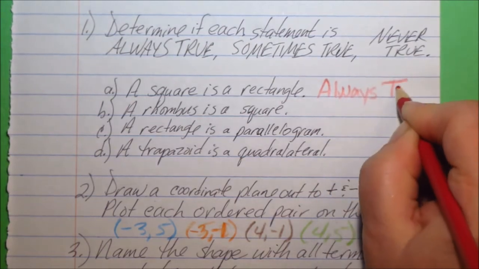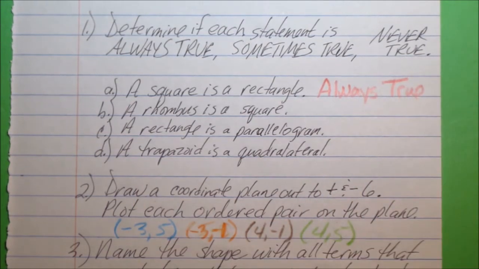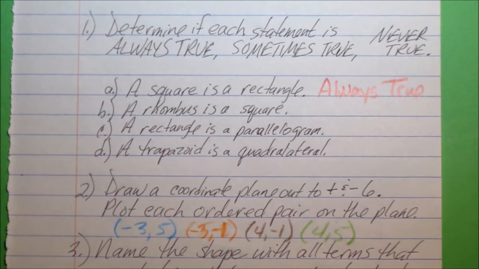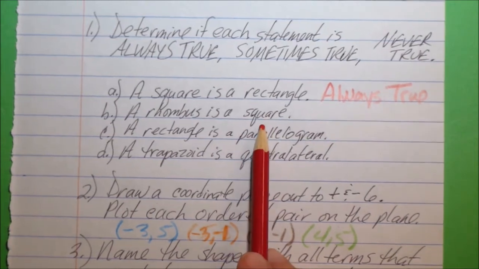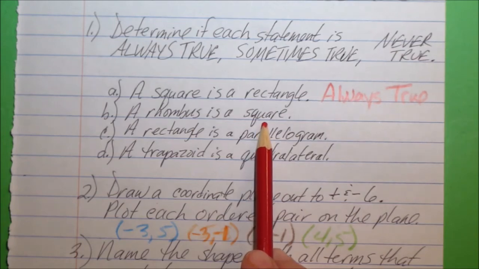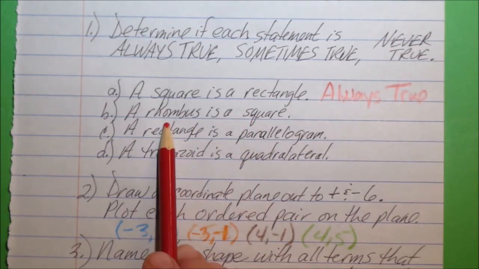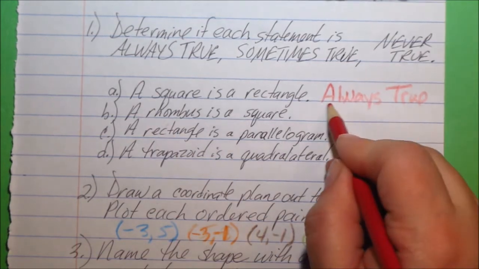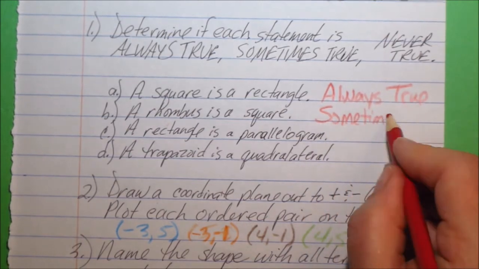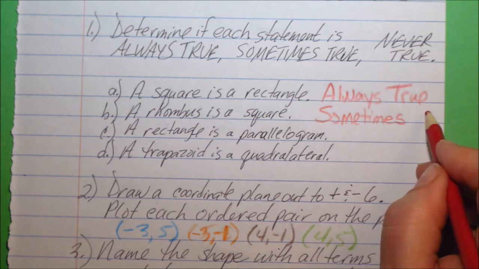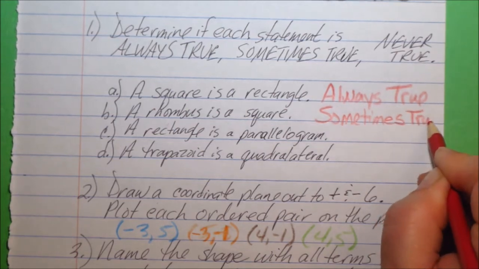Okay. And then a rhombus is a square. Well, a square must have all equal sides, but a square has to have all 90-degree angles. A rhombus doesn't have to have 90-degree angles, but it could, so it's sometimes true that a rhombus is a square. Not necessarily, but sometimes true.